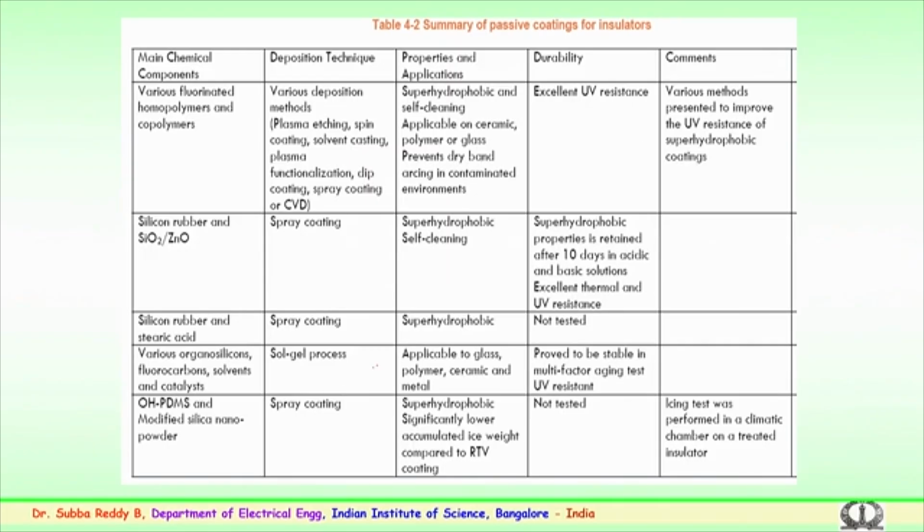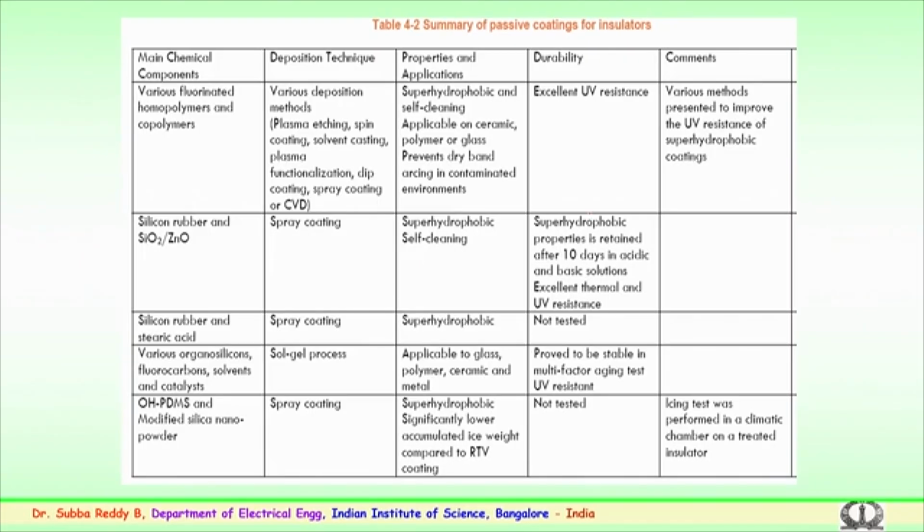Several properties like superhydrophobicity and self cleaning are achieved because of fluorinated homopolymers and copolymers being used. These are said to have excellent UV resistance, and various methods are presented to check the UV resistance of superhydrophobic coatings. Again silicone rubber, silicon dioxide and zinc oxide coatings are also being employed to get superhydrophobic or self cleaning properties.